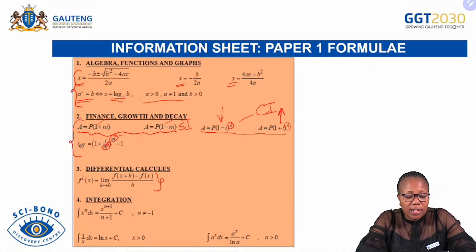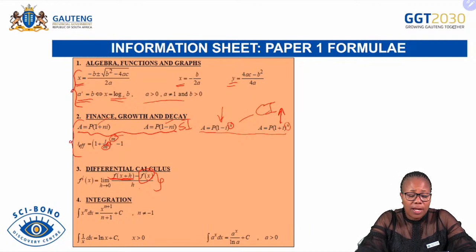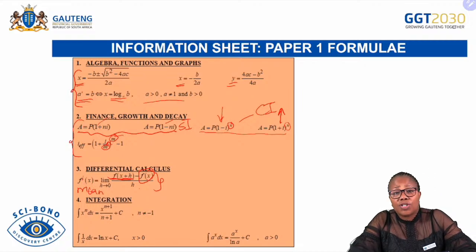And then that says that this is the limit of h approaching 0 of f at x plus h minus f at x, and then over h. Your f at x will always be given to you, grade 12. Yours is to identify the f at x plus h so that you can substitute into your formula to find the derivative of that. And remember, this derivative again is the gradient of a tangent to any function, grade 12.